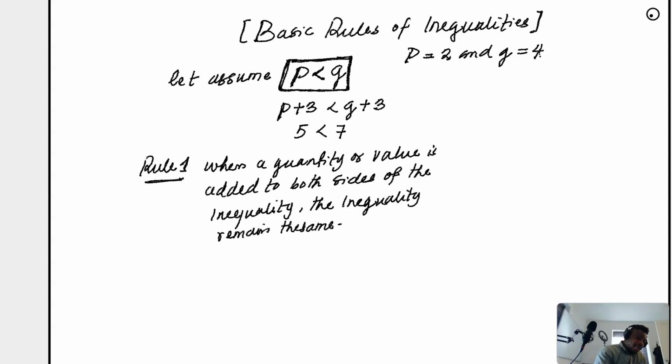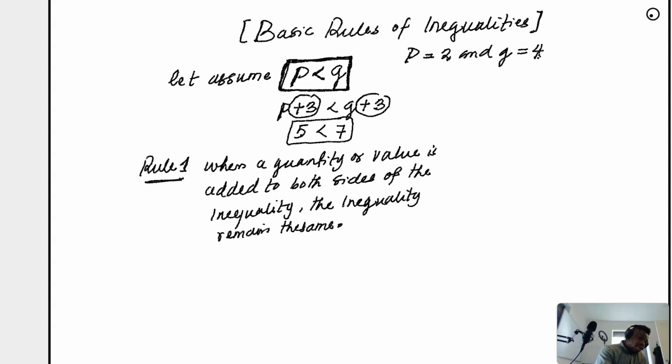Remains the same simply means true or false. So in this case, P less than Q is true based on P is 2, Q is 4. So 2 is less than 4. Now I'm adding 3 to both sides of that inequality, and I see that P is 2, so 2 plus 3, that is 5, and 4 plus 3, that is 7. 5 is still less than 7, which also is true. So it simply means that the inequality remains the same.